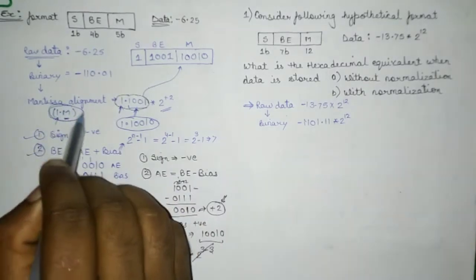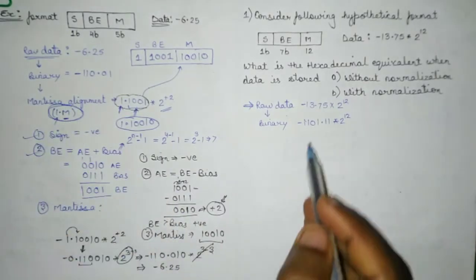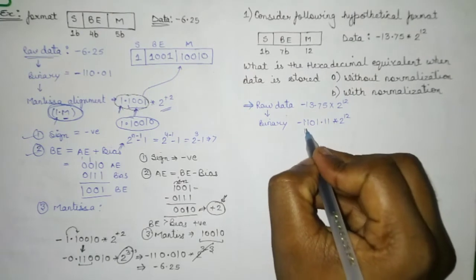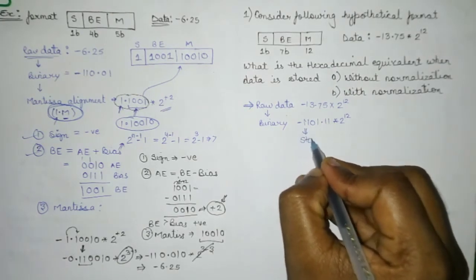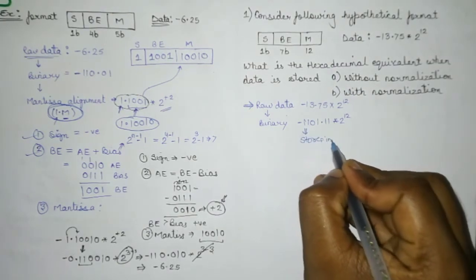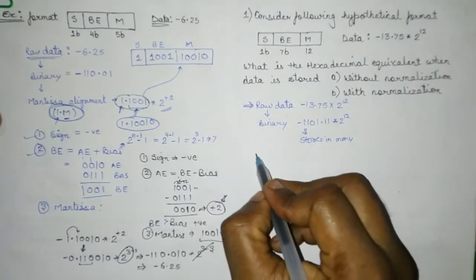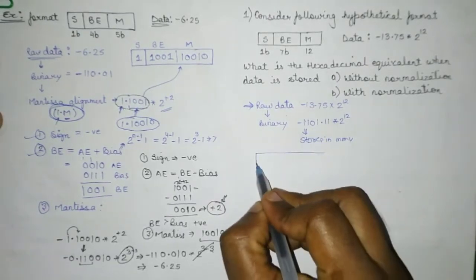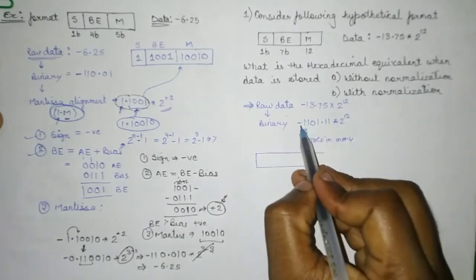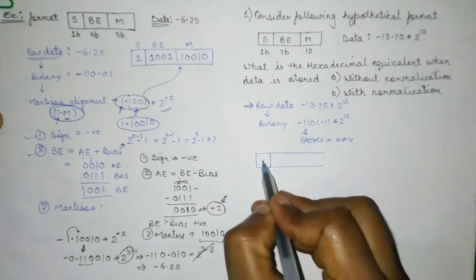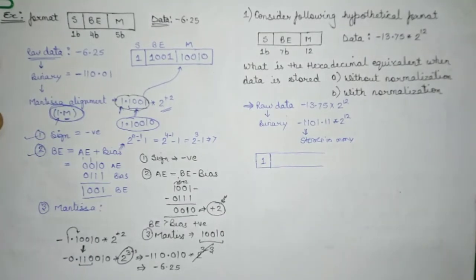This 1.m is normalization, but here they are asking that you do not need to perform normalization. So we have to directly store this value in memory. To store it in memory, first we place the bit for the sign. We check the sign, it is negative, so I am putting 1 here.